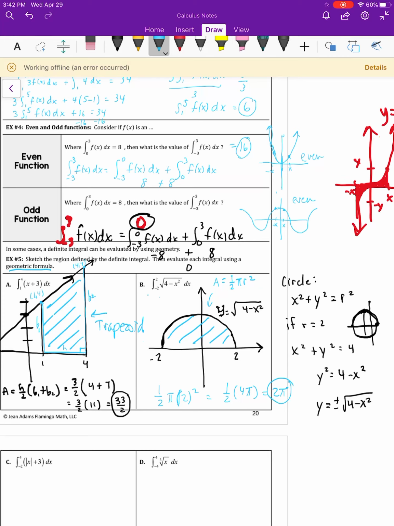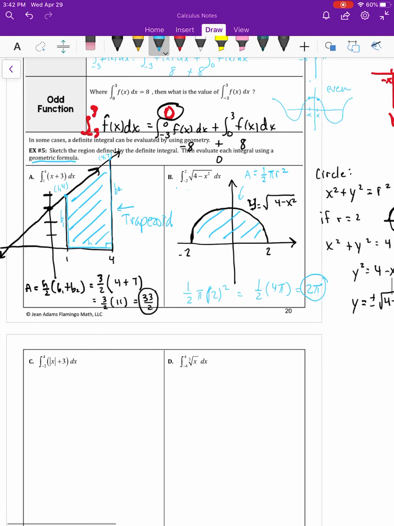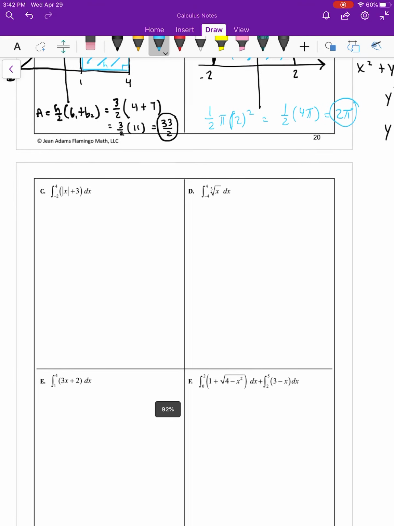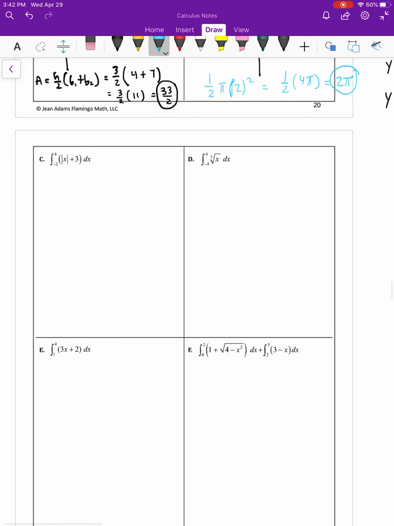So this would be 1/2 times 4 pi, or 2 pi. So that integral's answer, if you put that in your calculator, it's going to give you 6.28 something something something, which is equivalent to 2 pi. Okay, so now part C. We're almost there.